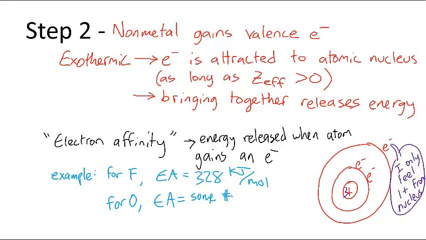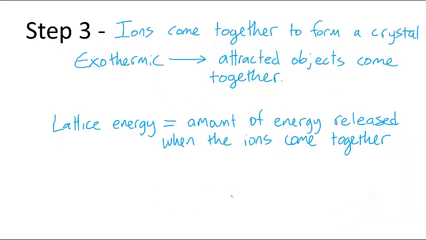So even oxygen wouldn't accept a second electron if you tried to give it to oxygen alone. We will see ionic compounds where oxygen does take 2 electrons. How is it that we can convince oxygen to take that second electron? Lattice energy. Because when you combine all the steps, the metal losing the electrons, oxygen gaining 2 electrons, and then putting the ions together, the overall result is a favorable reaction.